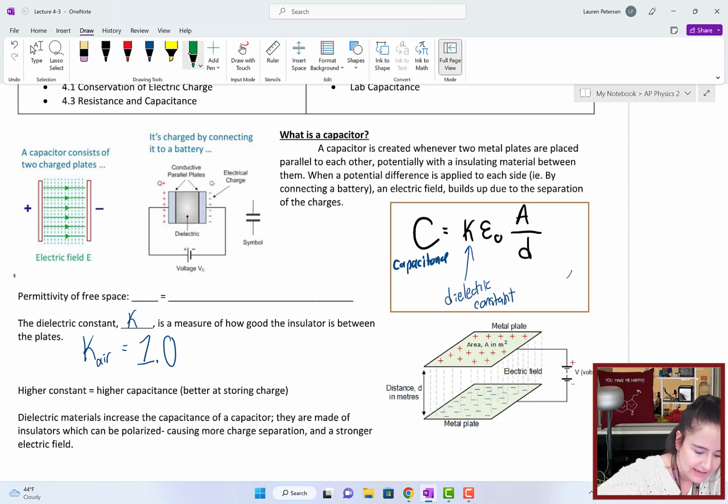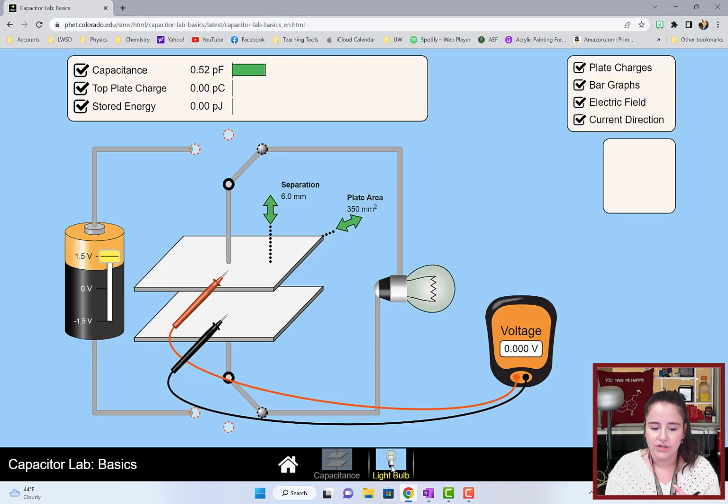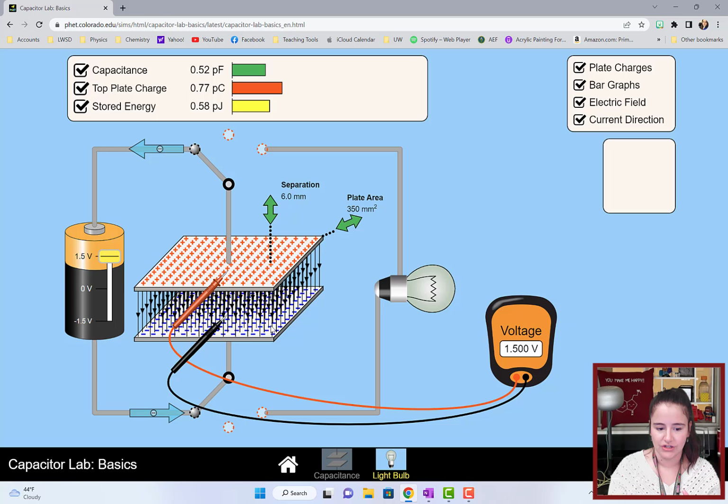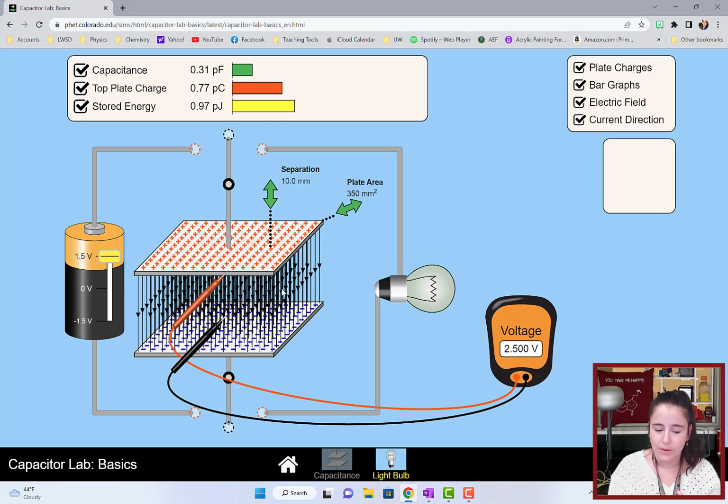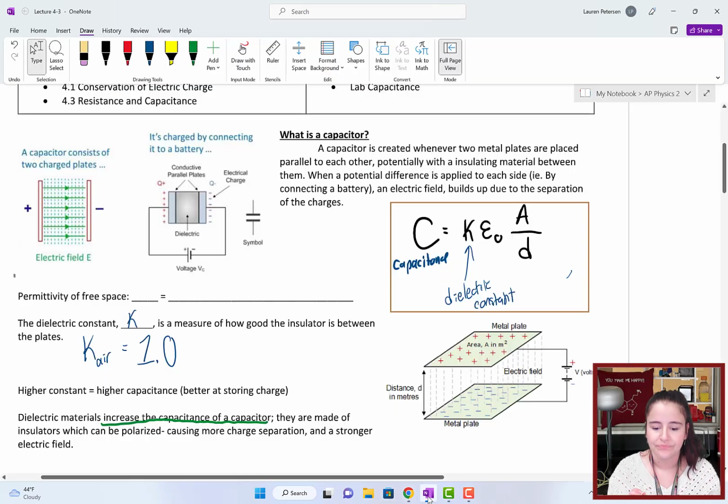Okay, adding a dielectric will always increase the capacitance of a capacitor. They're often made of insulators, which means that their actual molecules can be polarized. So if you kind of picture a situation here where we added a polarizing material between the plates, that could be polarized and increase the value of that electric field strength, thus increasing the capacitance.